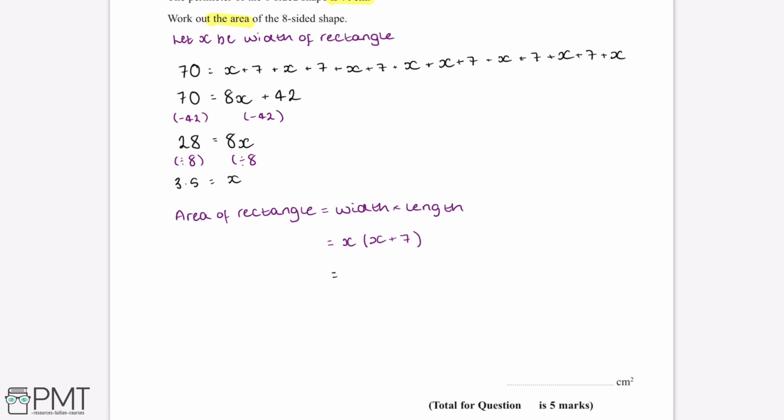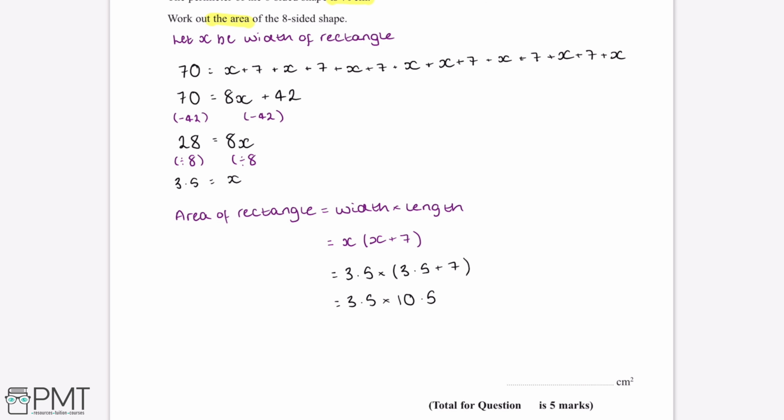This gives us that 3.5 multiplied by brackets 3.5 plus 7 is equal to the area of the rectangle. If we remember our BODMAS rules, we'll always do the brackets before the multiplication. So we can start off with 3.5 plus 7, and this gives us 10.5.